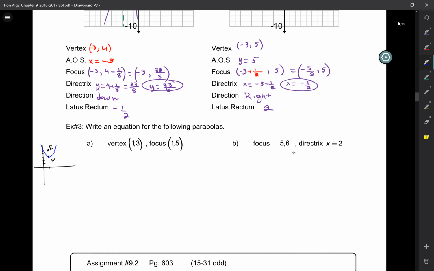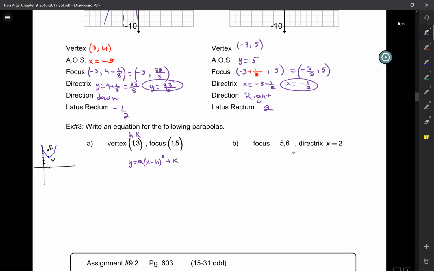So that means, first of all, that since it faces up, the formula is going to be y equals a(x minus h) squared plus k. Okay? Now, I know what the vertex is. That's h and k. And since it's facing up, I know exactly where the focus is, right?